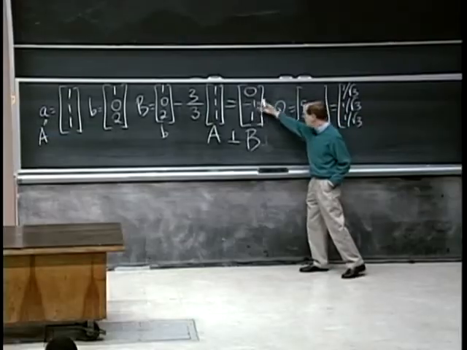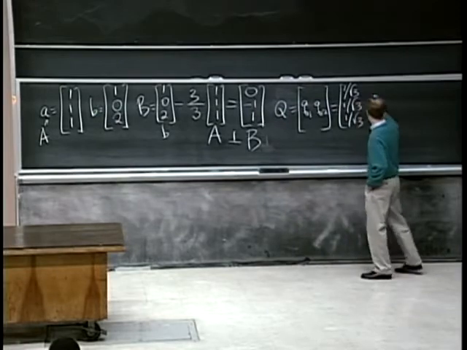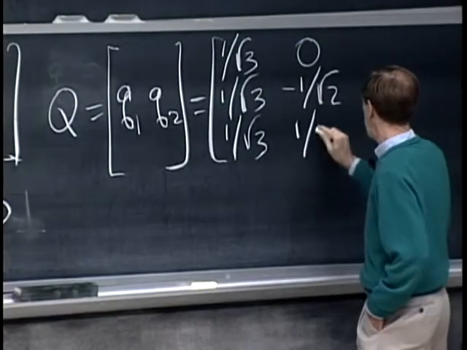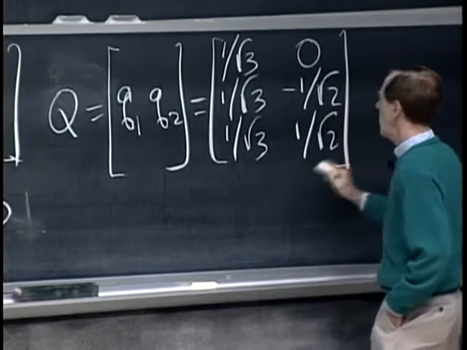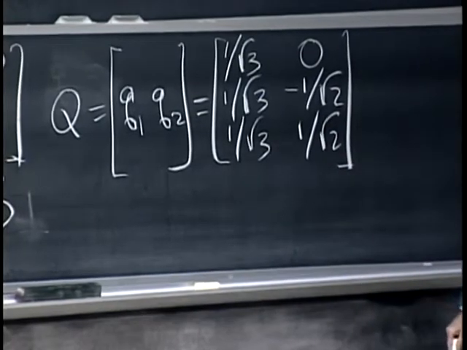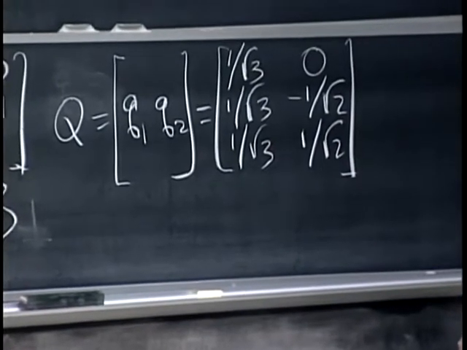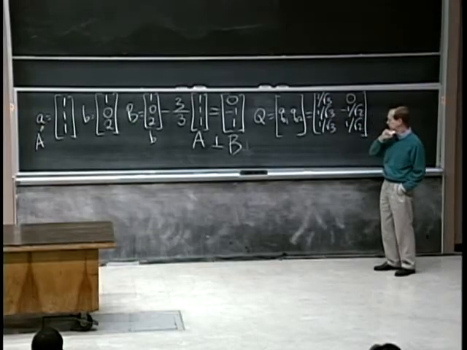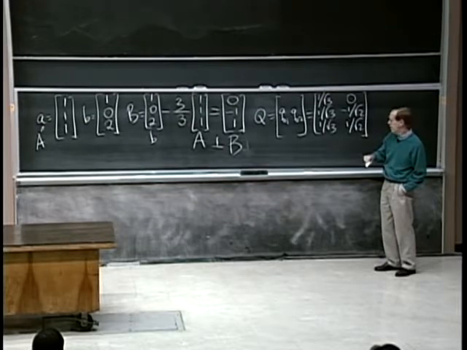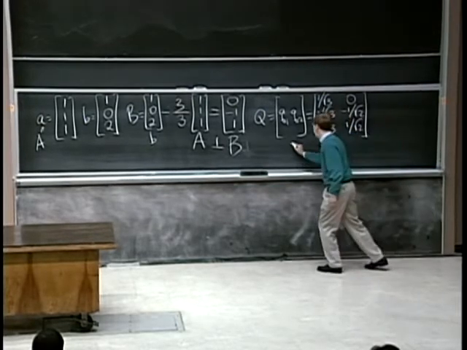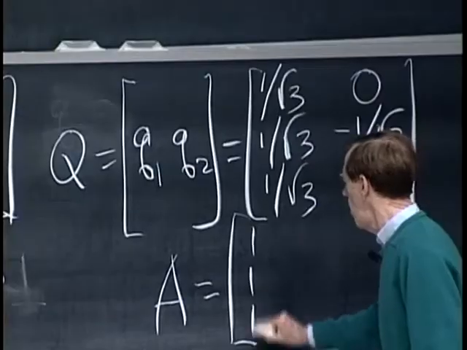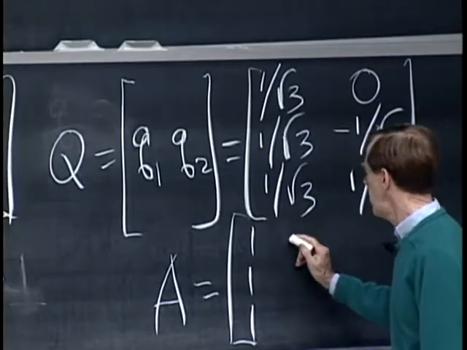And I'm going to take this B, but I'm going to divide it by square root of 2 to make it a unit vector. And there is my matrix. That's my matrix with orthonormal columns coming from Gram-Schmidt, and it came from the original 1, 1, 1, 1, 0, 2, right?